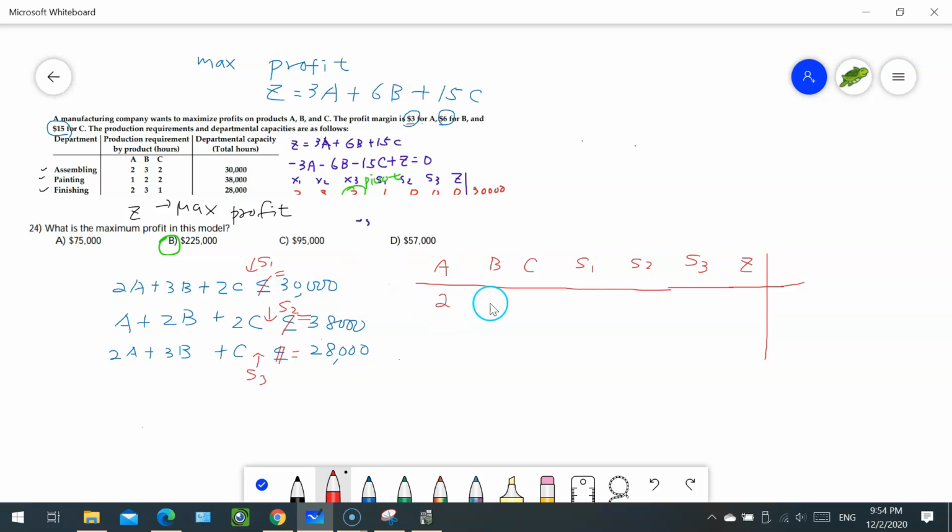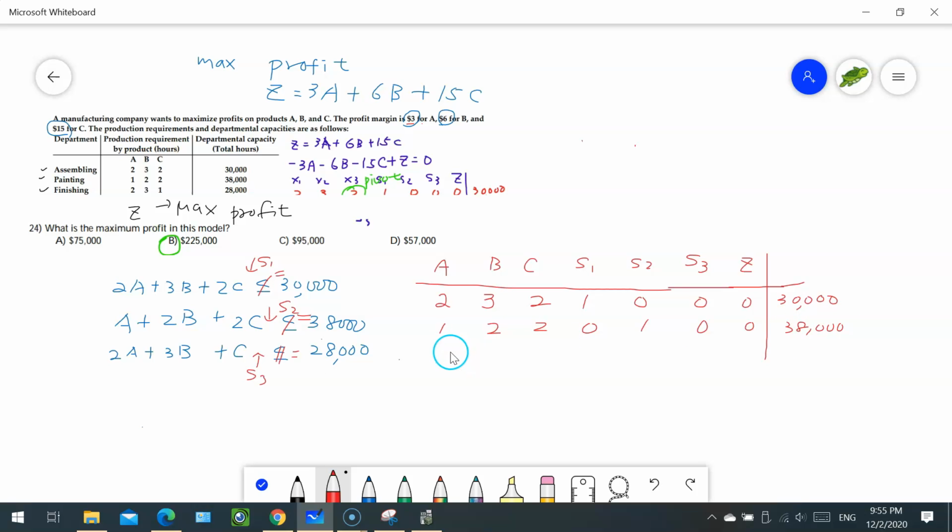So we have 2, 3, 2, S sub 1 is 1, 0, 0, 0, 30,000. For the second model here, we have 1, 2, 2, no S sub 1, there is a S sub 2, 0, 0, 38,000.